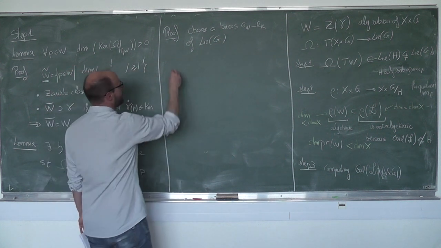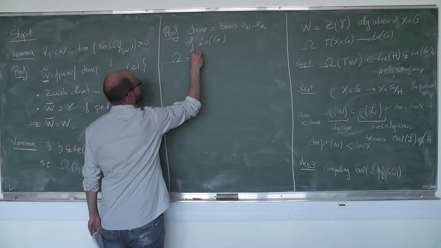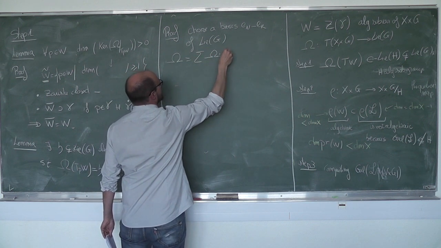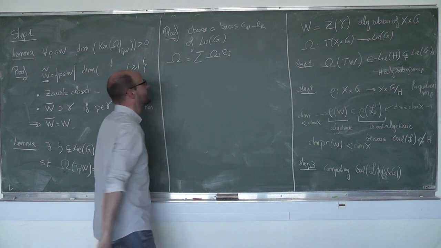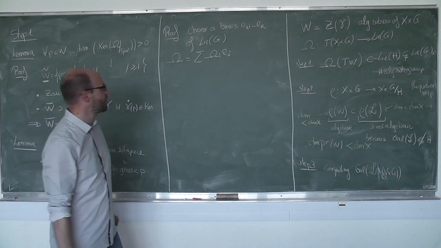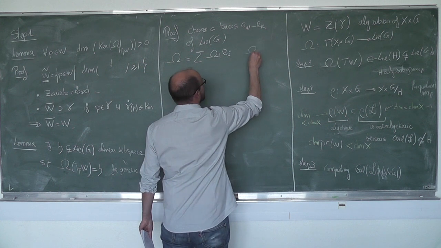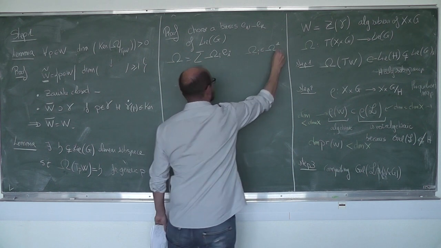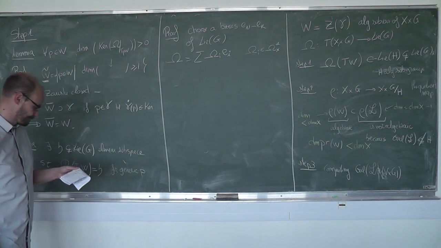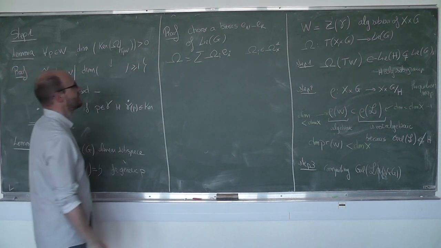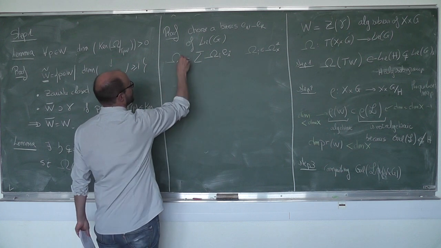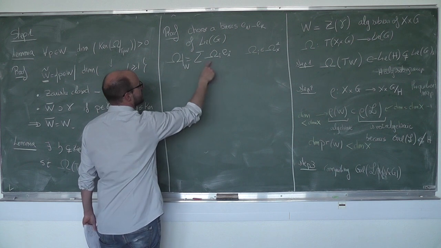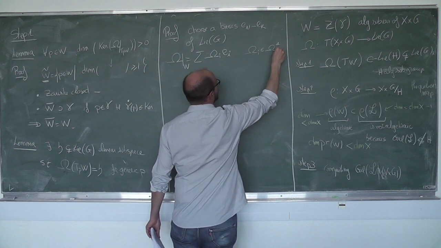Then you can write omega. It is just the sum of some one-form times your element E_i of the Lie algebra. Yeah? The omega_i are one-forms over X. And then you take the restriction to W. So this means that now these forms are on W.